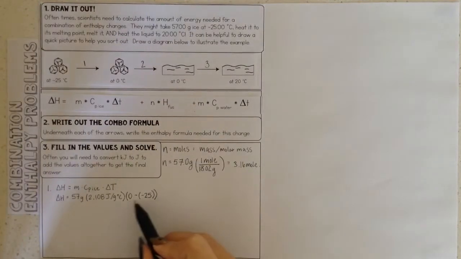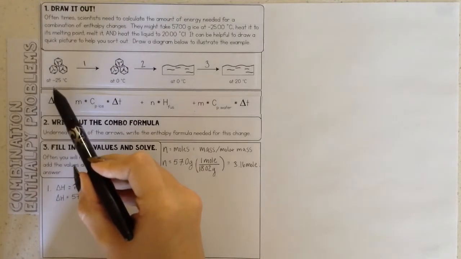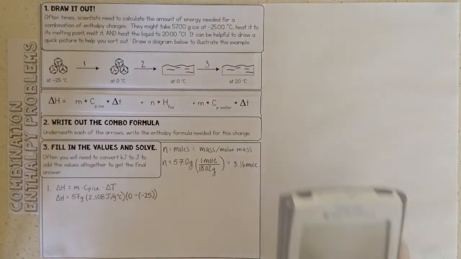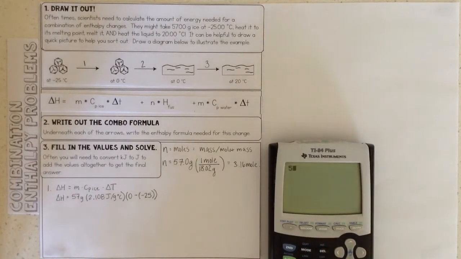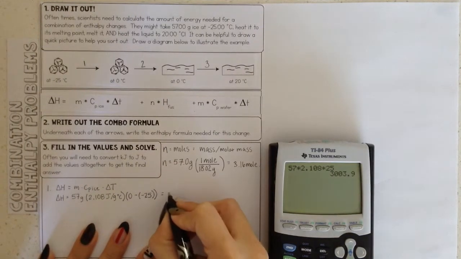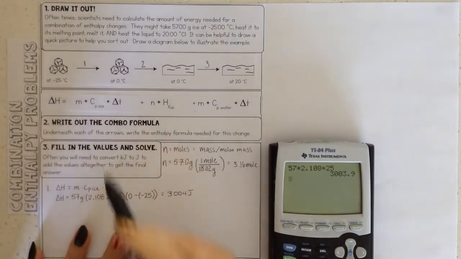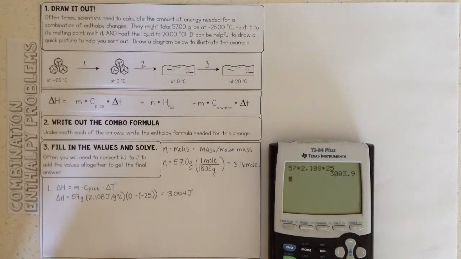And this right here is how you're going to get a positive delta H. You need to add heat in order to get ice from below 0 to 0. So for this segment, we have 3,004 joules that we have to add to get to ice at 0 degrees Celsius.